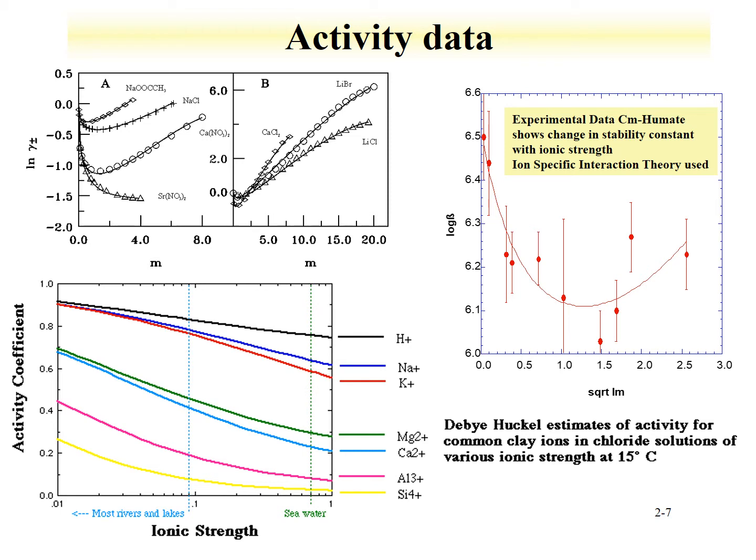Here's some data showing the complexation constant measured for humic acid and curium as a function of the square root of the molal ionic strength. If you remember the specific ion interaction term, there's two terms that are functions of either the molal ionic strength or the square root of the molal ionic strength.